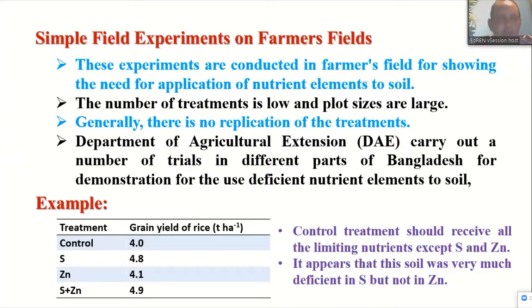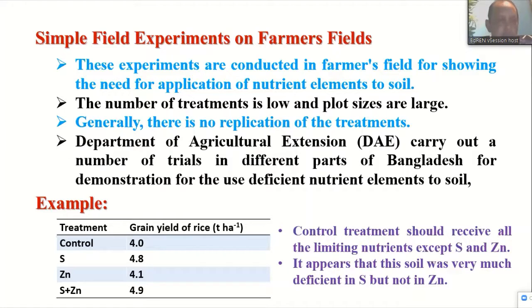Here in the example table, you can see control, there is no fertilizer, and we can see the grain yield is 4 ton. This is just for example. And if we apply sulfur, then we can find the yield increases up to 4.8 ton per hectare.